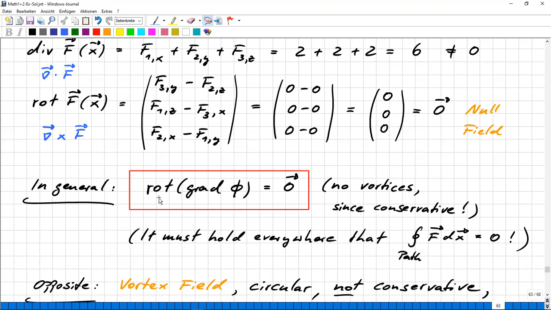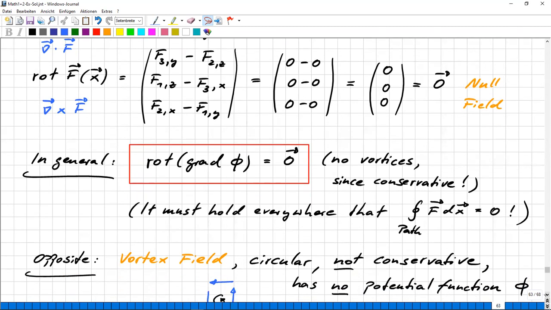And this happens everywhere in space, so it's really complicated because the rotation is a vector field itself. You could say it's an abstract transformed version of the given vector field F to tell you in a mathematical way how strongly and in which way its vorticity takes place, if I may say so. Okay, something like this.